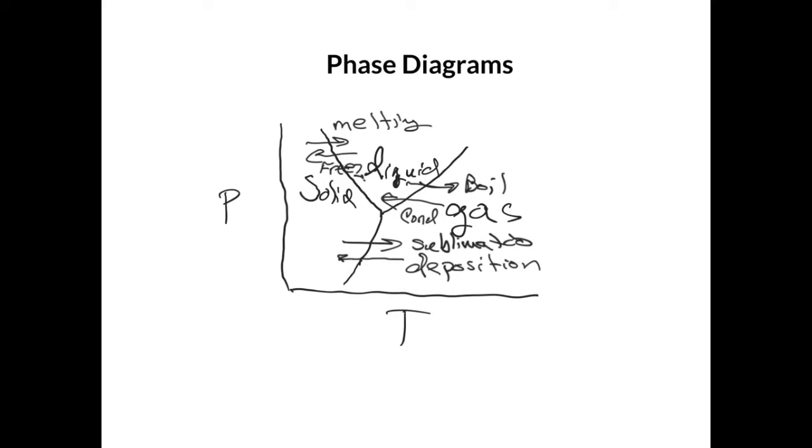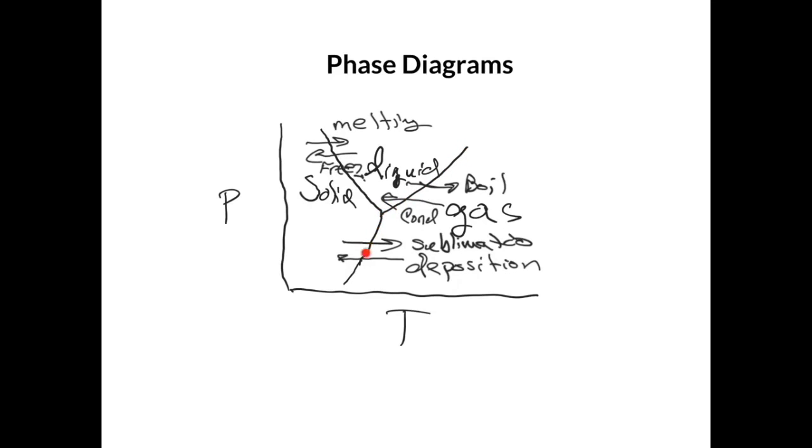So those are the different phase changes that can happen, and each of the borders between them represents the pressure and temperature for each of the phase changes. So this line represents the temperature and pressure arrangements where you would have melting. Here are your temperature and pressure arrangements where you have boiling.